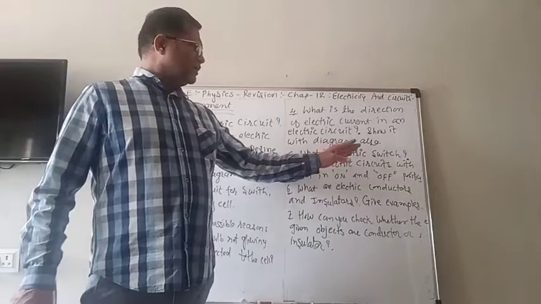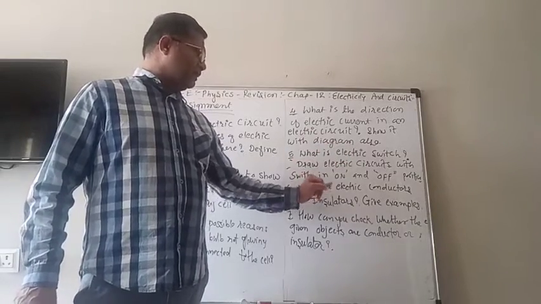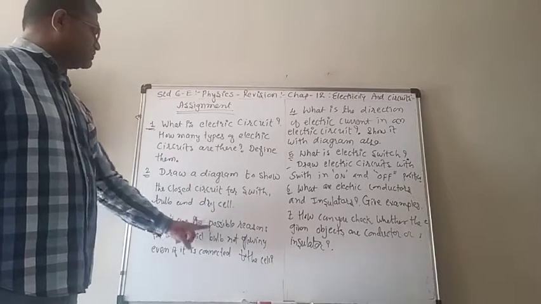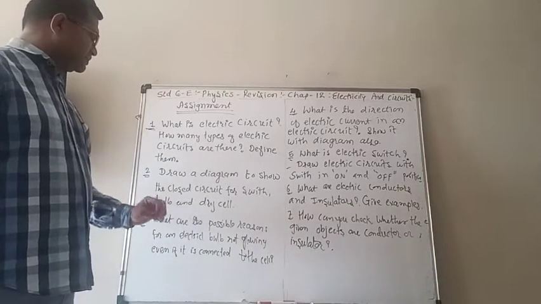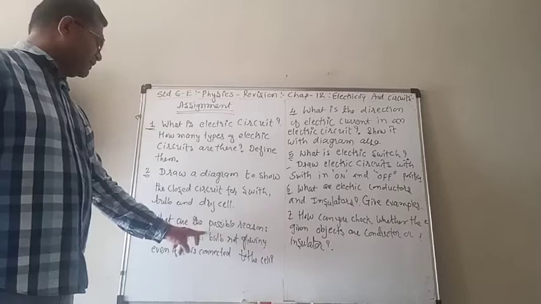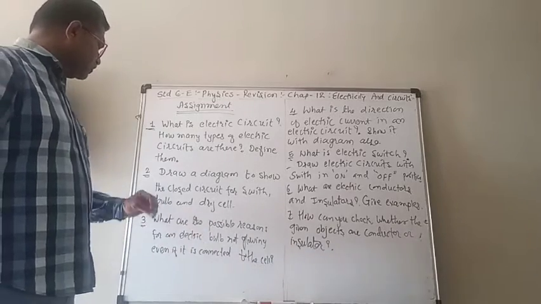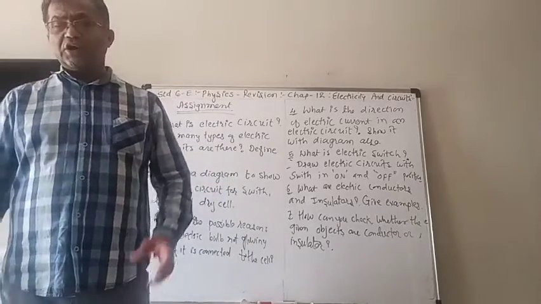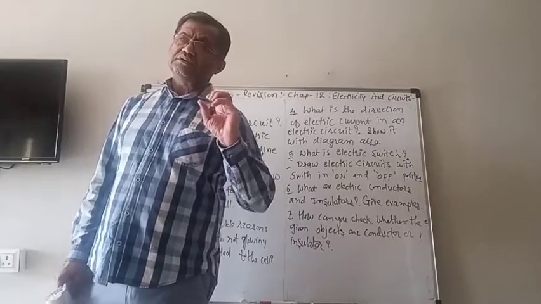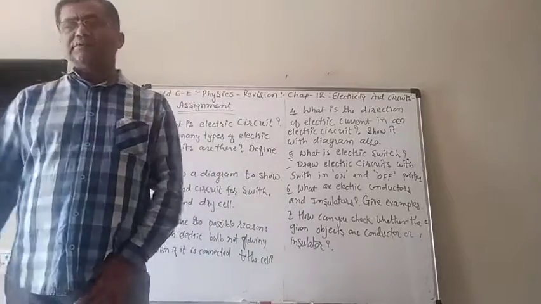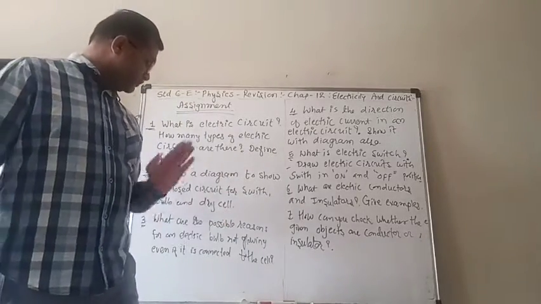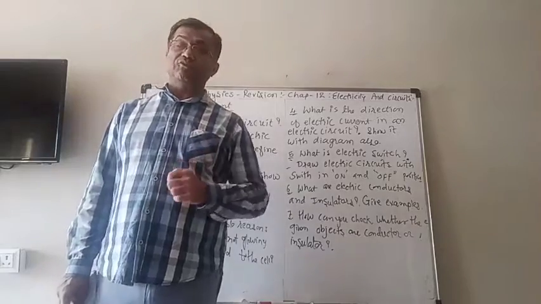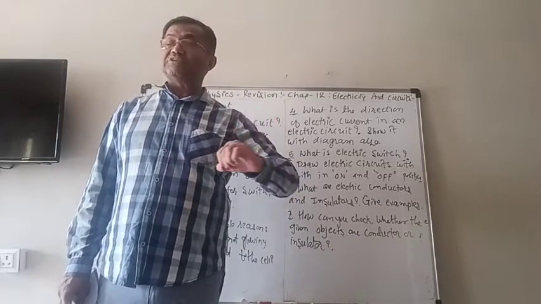Now, can you tell me what are the possible reasons for an electric bulb not glowing even if it is connected to the cell? In the circuit, if the bulb is joined with the cell but it is not glowing, what can be the possible reasons?